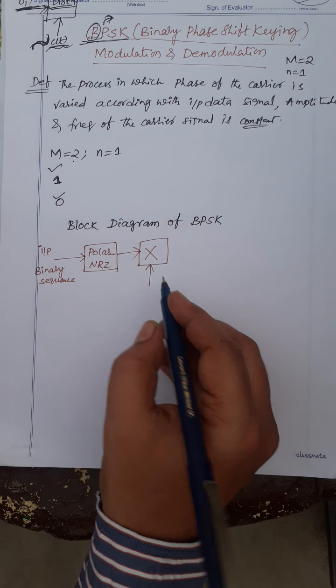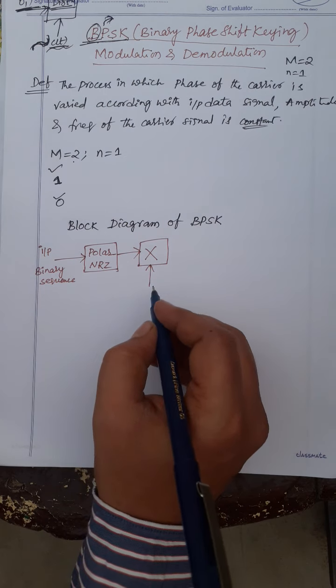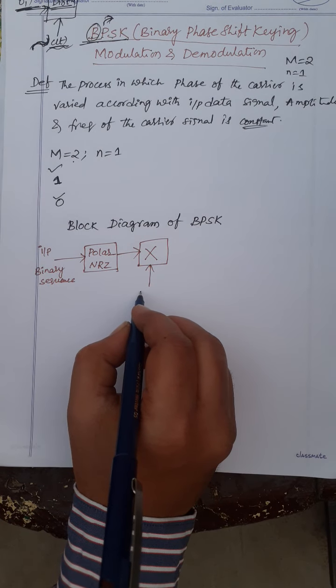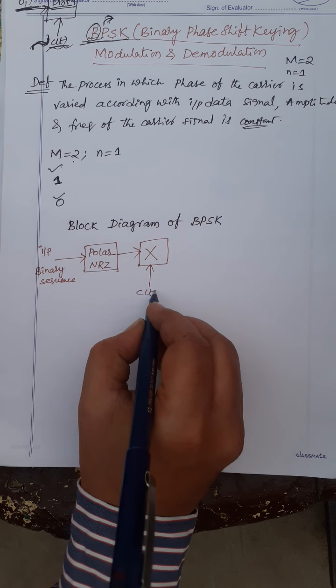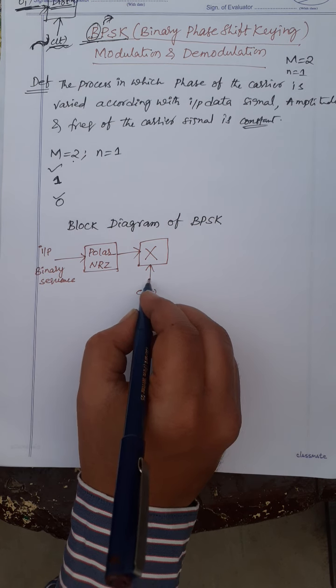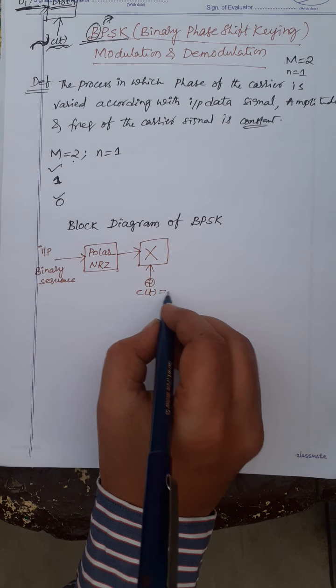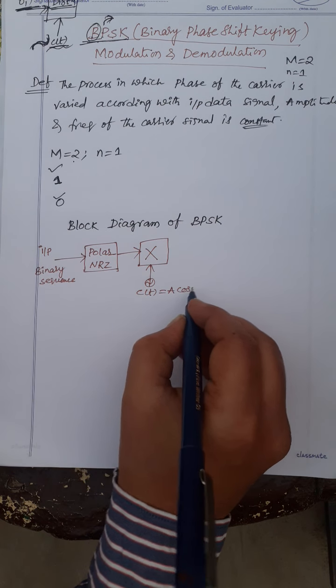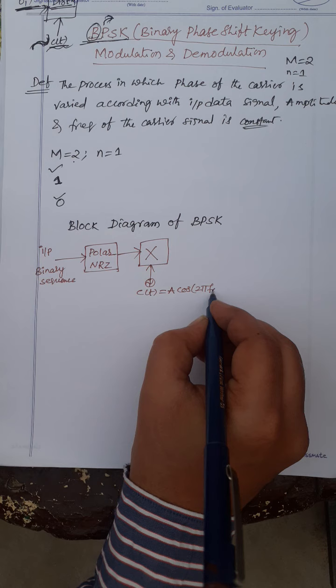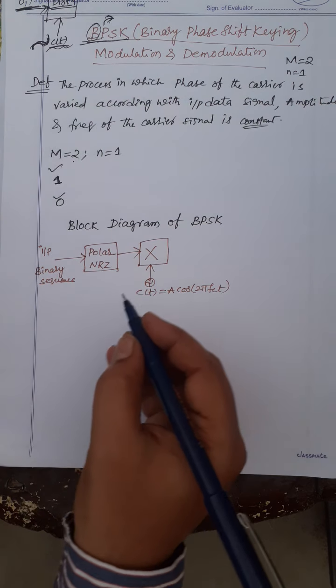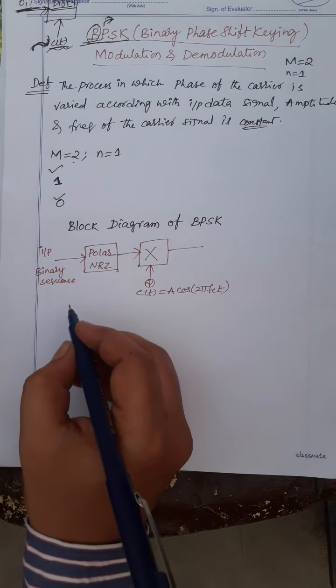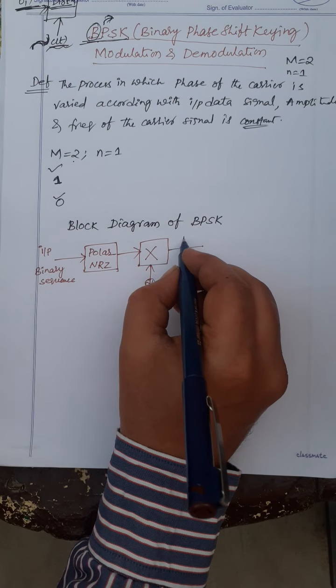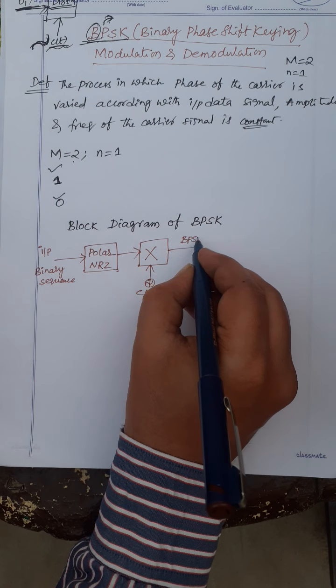Okay, this is actually called a balanced modulator, with a high frequency carrier signal C of t from a local oscillator. C of t is equal to A cos 2 pi fct, and here I will get the binary phase shift keying signal.